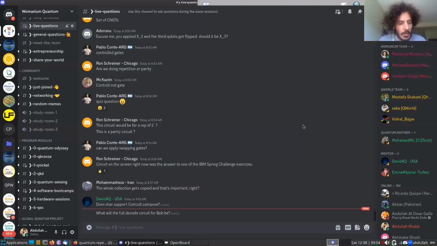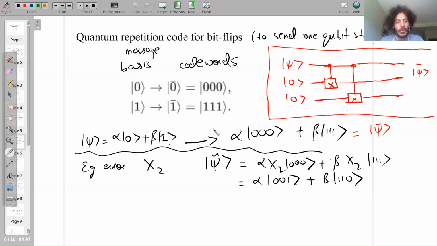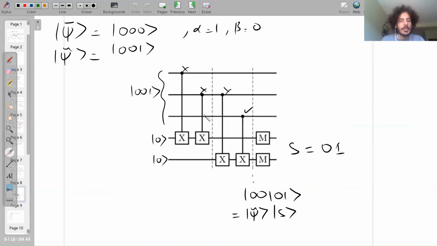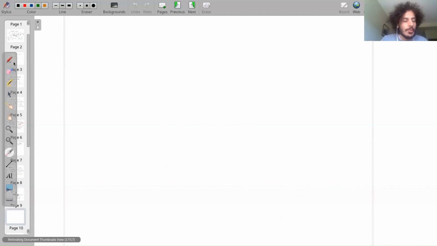I hope people are still with me. Yeah, so David asked what will be the full decode circuit for Bob. So what we can do is we can draw it perhaps. Let's draw the whole thing.